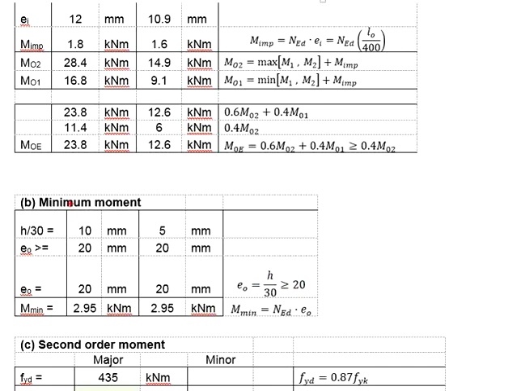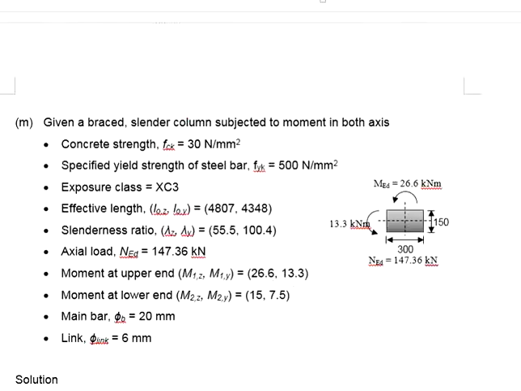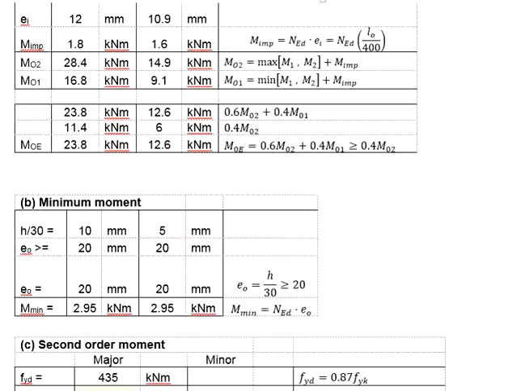If you are dealing with the major axis, your h will be 300, which is the larger dimension of the column. If you are dealing with the minor axis, your h now will be 150. 300 divided by 30, you get 10 mm, and 150 divided by 30, you get 5 mm.